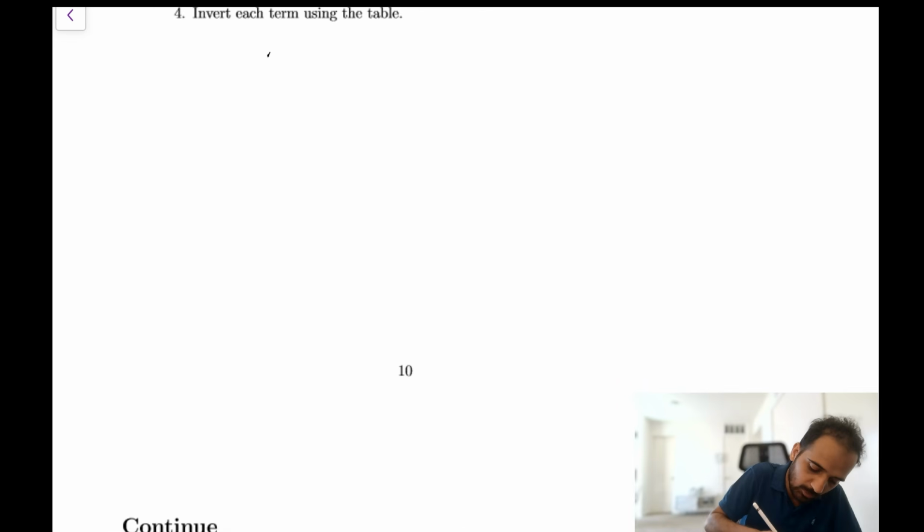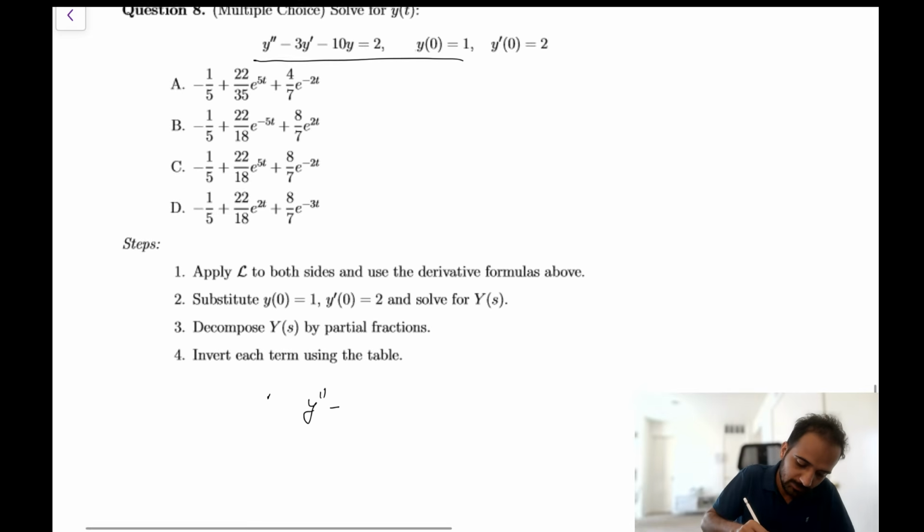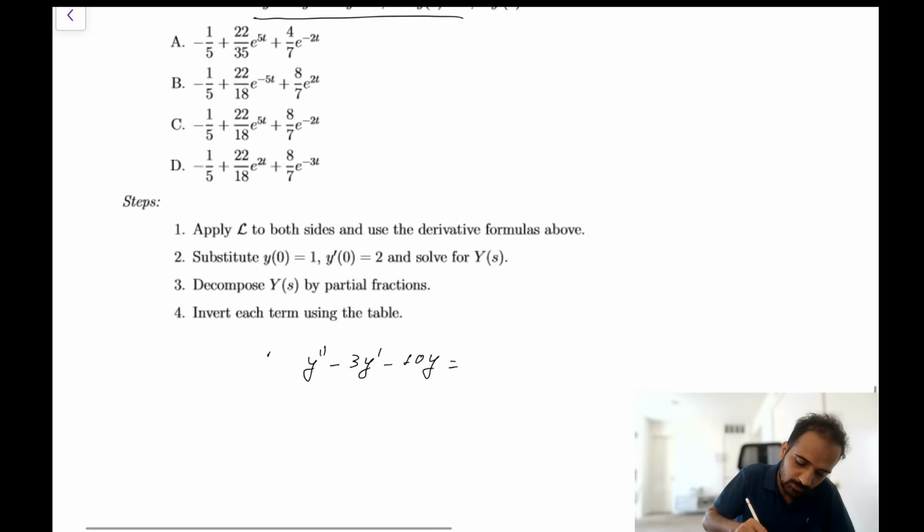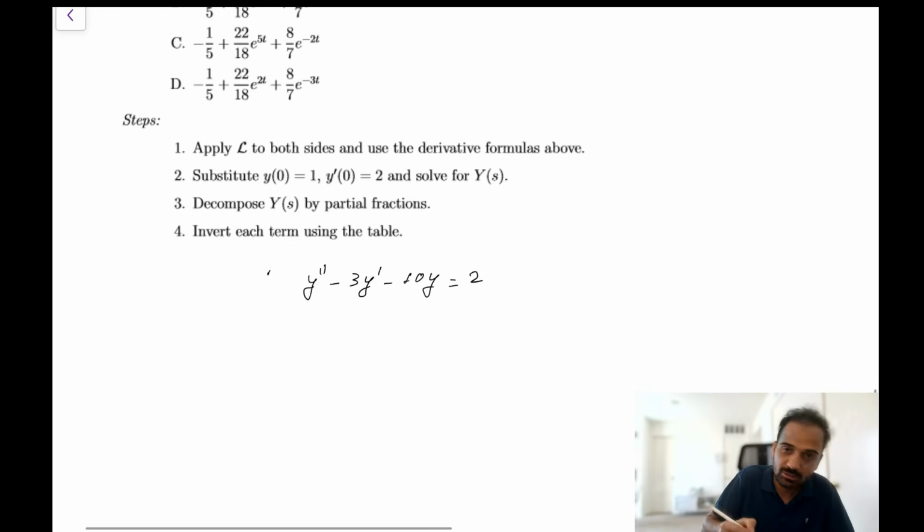Our ODE is y double prime, that means the second order derivative of y, minus 3 times the first derivative of y, minus 10y is equal to 2, and the boundary conditions are given.